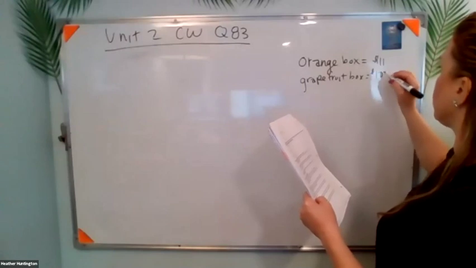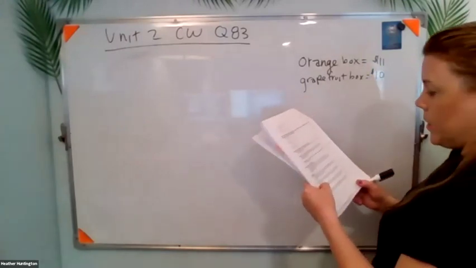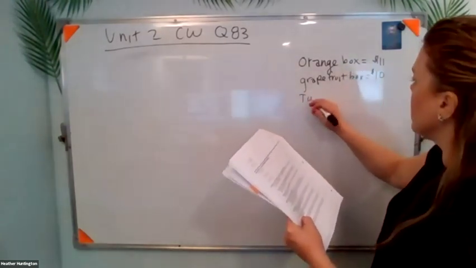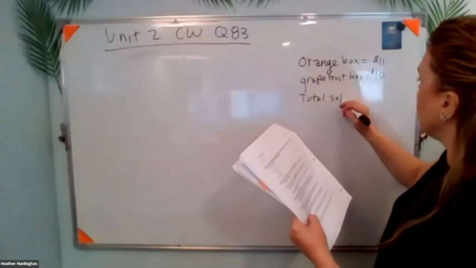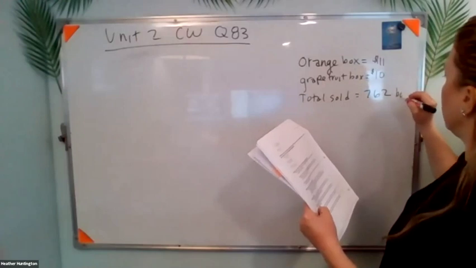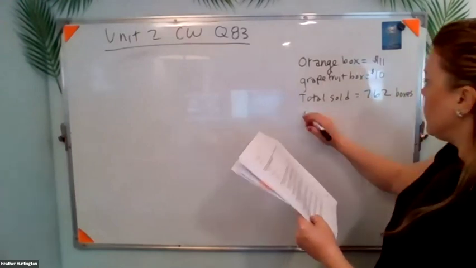It's a little cheaper. I don't know why, but it is. So if he sold a total of 762 boxes, and his income, total income.